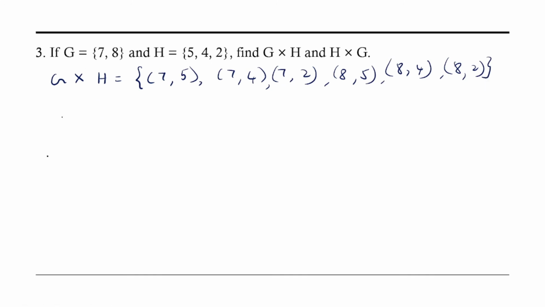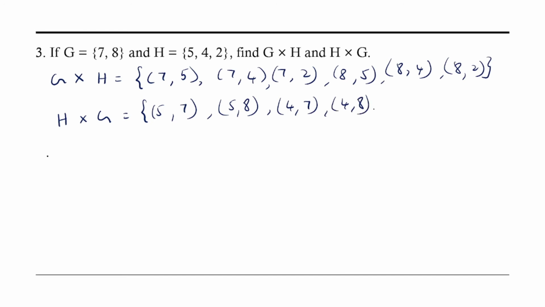Then the next one is H cross G. Here the first element should be from H and the second element from G in each ordered pair. So it is (5, 7), then (5, 8), then (4, 7), then (4, 8), then (2, 7) and (2, 8).